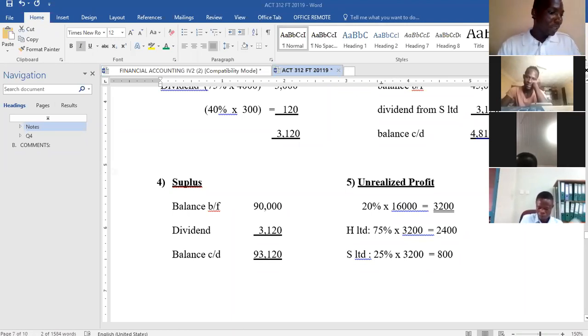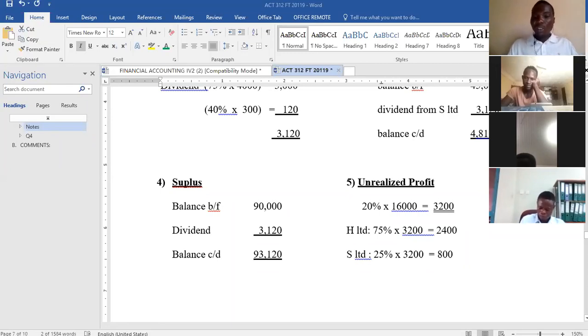So they said, as at December 31st, 2012, goods purchased from S Limited remain 16,000. So the stock of H Limited as at December 31st, 2012. So when they say the stock as at 31st December, I should tell you, closing stock.